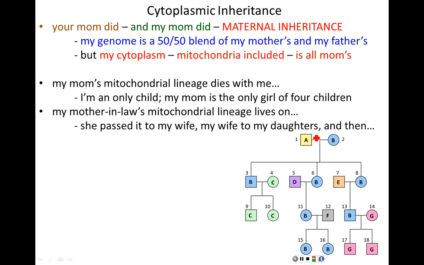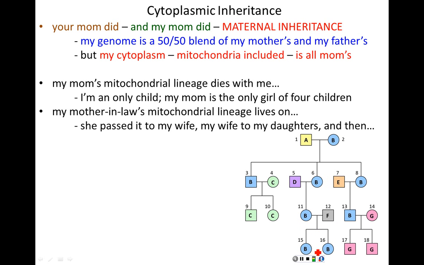This central line actually dictates my family history best, I think. This is my mother-in-law. My mother-in-law has her mitochondrial DNA. She passed it to her daughter. Now, my wife is not an only child, but for the sake of argument in this case, that's what's being shown. The mitochondrial DNA gets passed to her daughter. My wife and I get married.